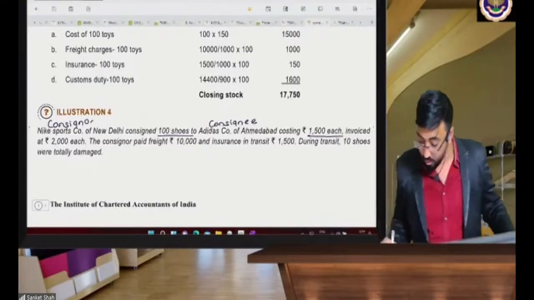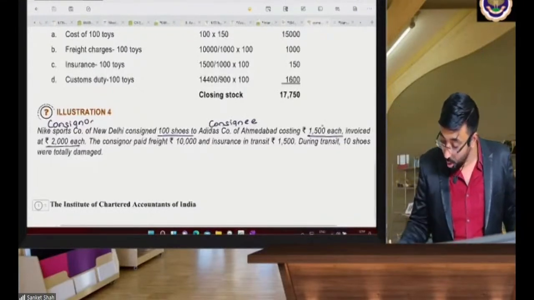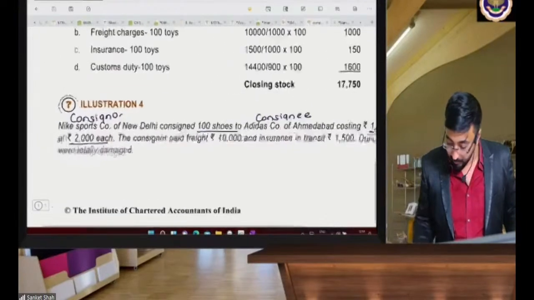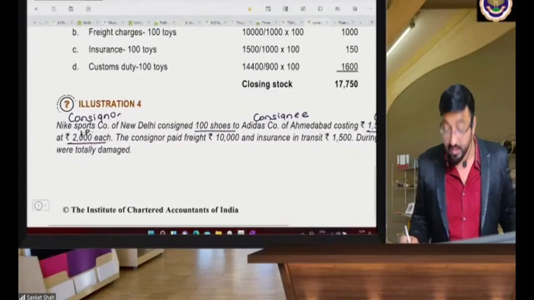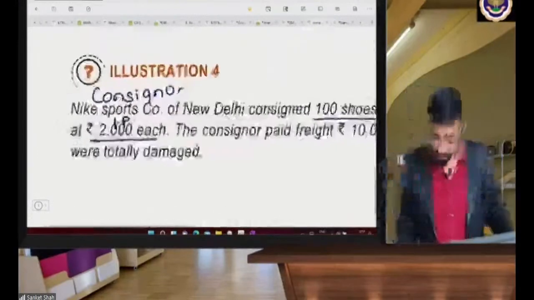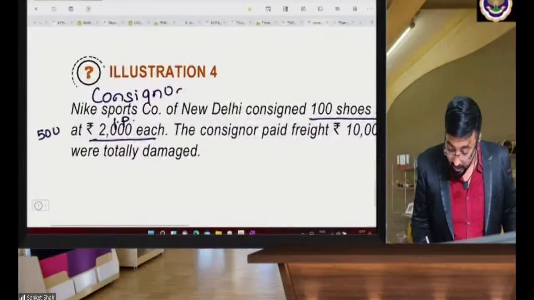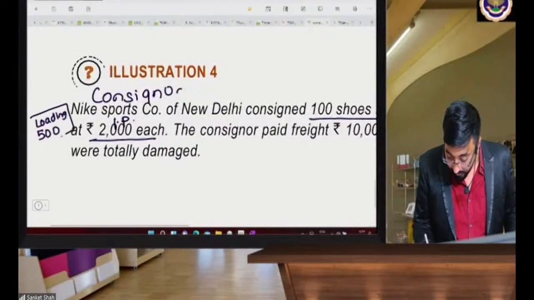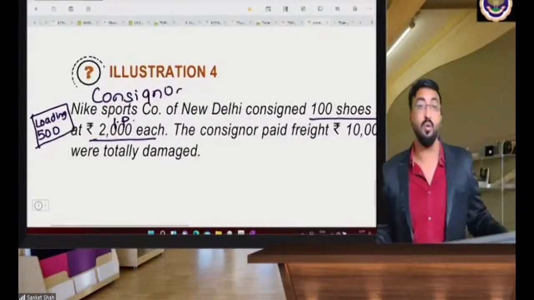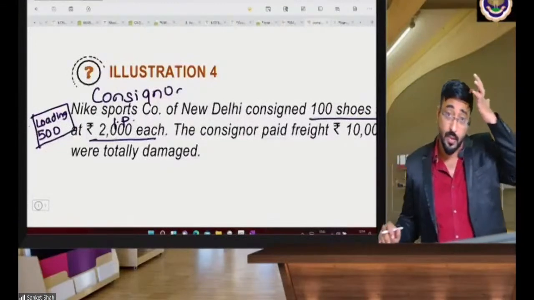Invoice 2,000 each. Now beta see, cost is 1,500 and invoice price is 2,000. So 500 rupees is loading. Okay, so loading is 500 rupees.